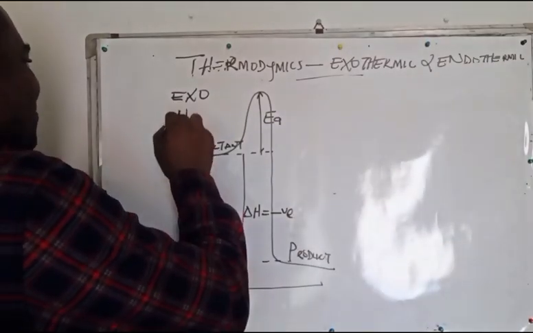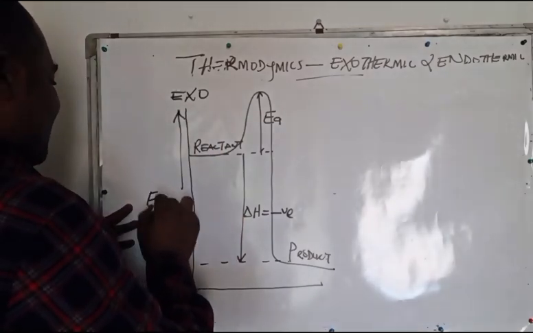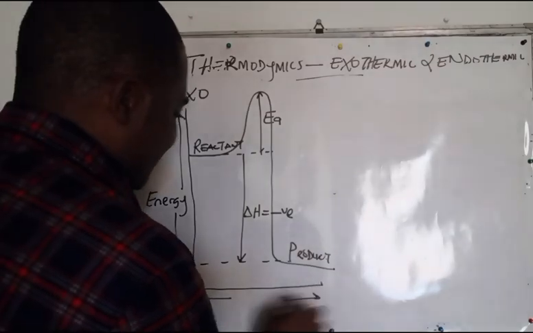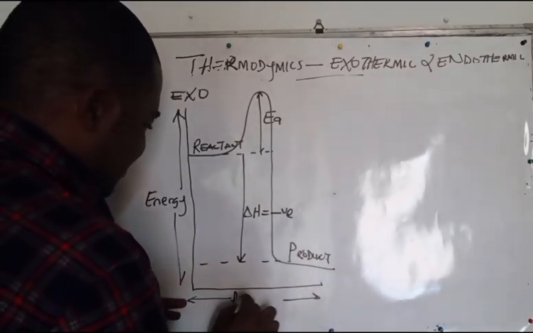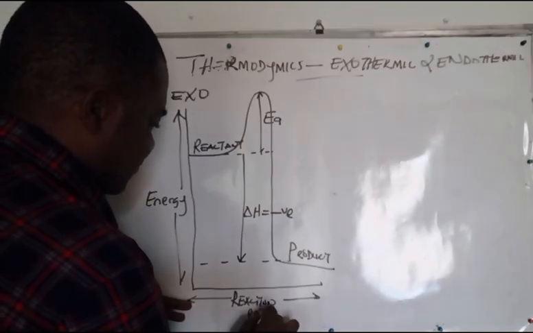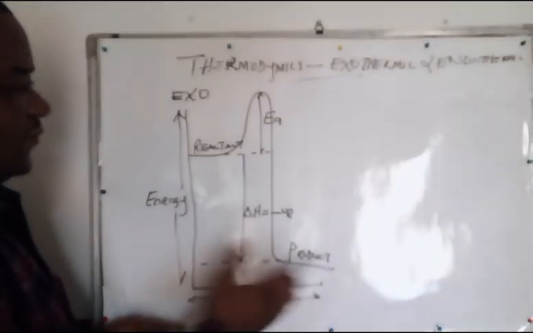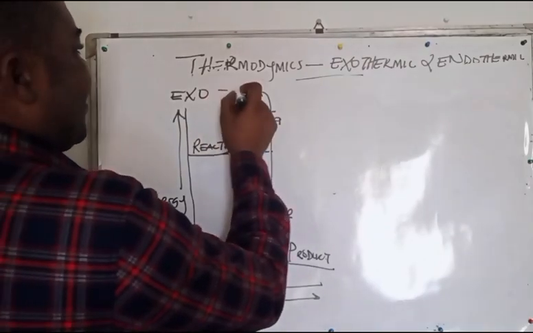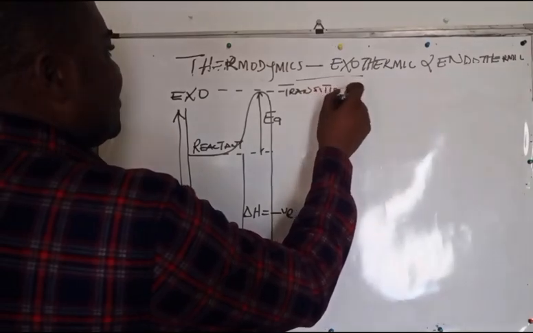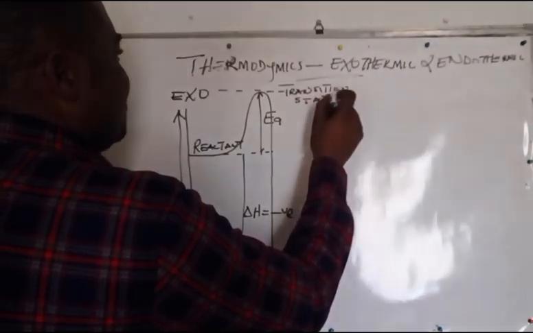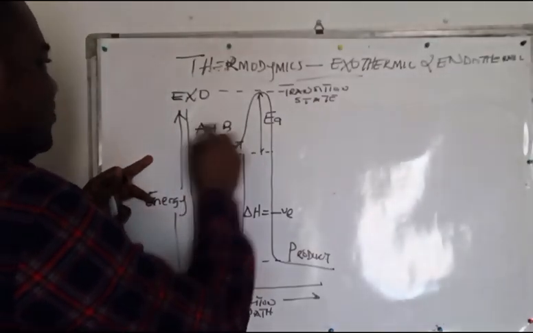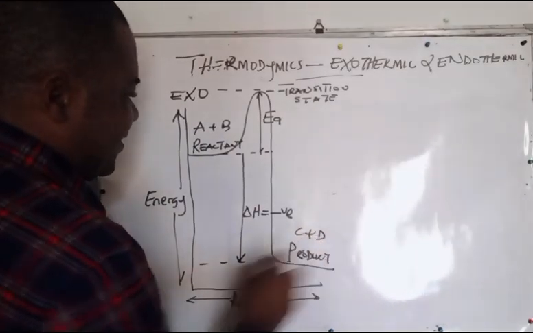This particular line here is your energy, and this one here describes the reaction path, which the reaction follows. And up here is your transition state. So it means that for a reaction A plus B, you can have C plus D as the product.